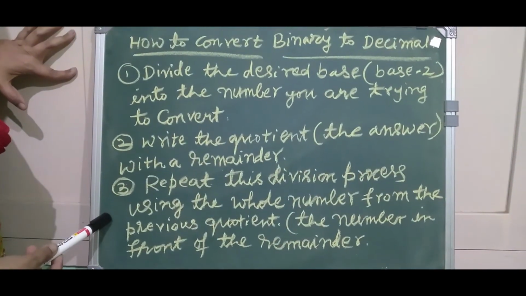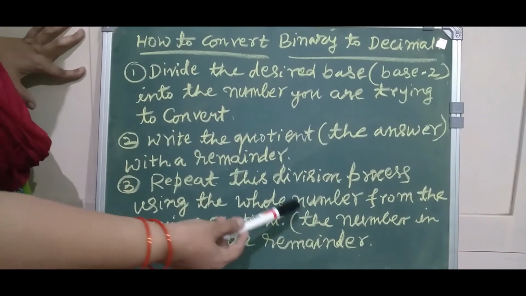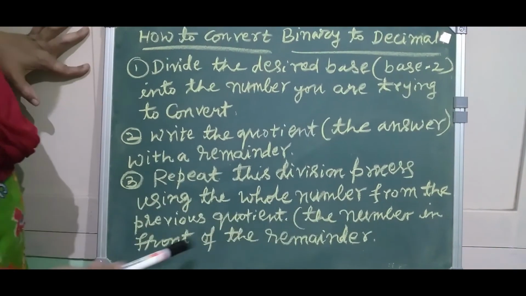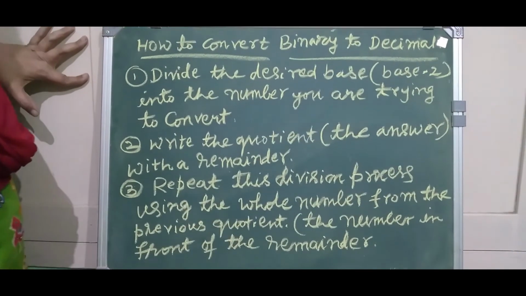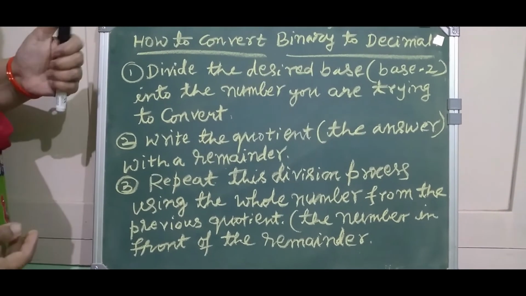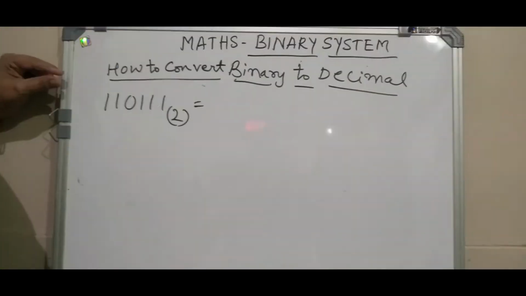And the third point is repeat this division process using the whole number from the previous quotient, the number in front of the remainder. So these points you have to remember while converting the binary number to the decimal number.